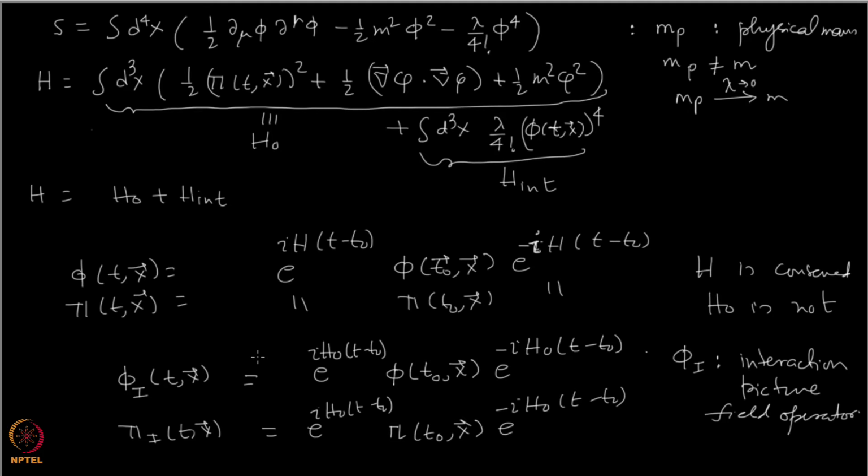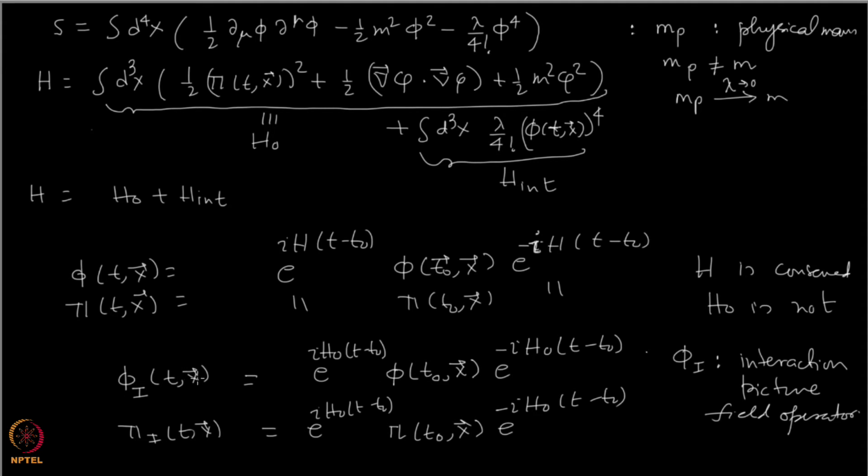So fields in free theory will evolve exactly like this. The fact that there is a phi here instead of some free field doesn't matter, because after all it's some operator, and what the theory tells you is how it evolves with time. So I start with some operator and arrange the evolution according to free theory.